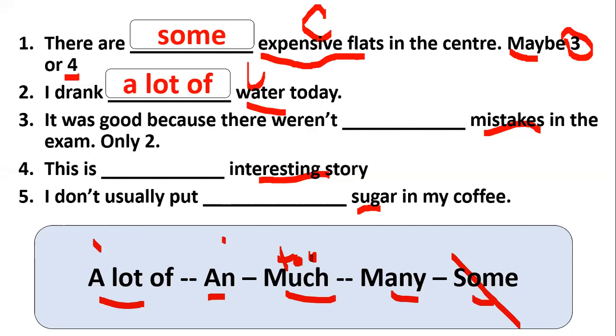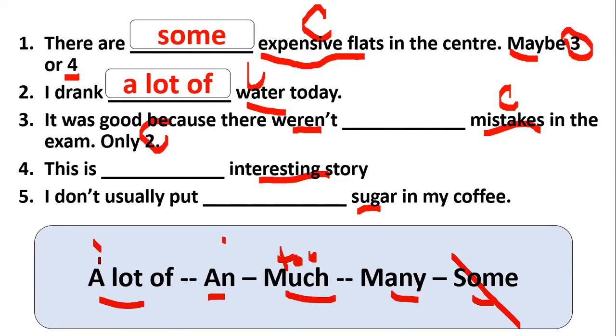Okay. Number 3, it was good because there weren't mistakes. Mistakes, are we talking about countable or uncountable? Countable. Exactly. Mistakes are errors, okay? So it says in here, and pay attention, it was good because there weren't mistakes in the exam, only 2.